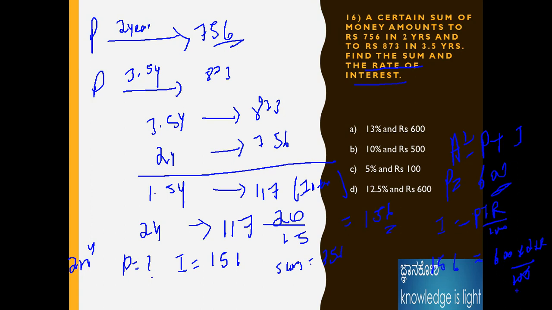The zeros cancel. Here it is 26, therefore again 2, 1 is 13. R is equal to 13%. Here the sum is 600 as the principal amount and 13 is the rate of interest.